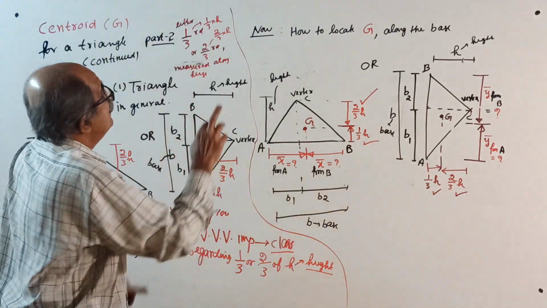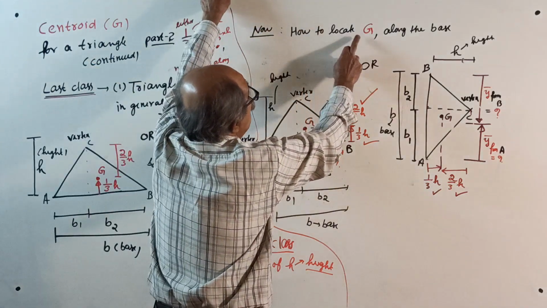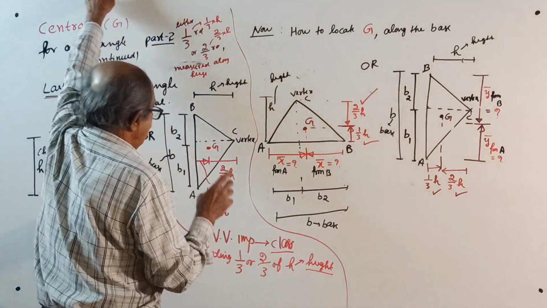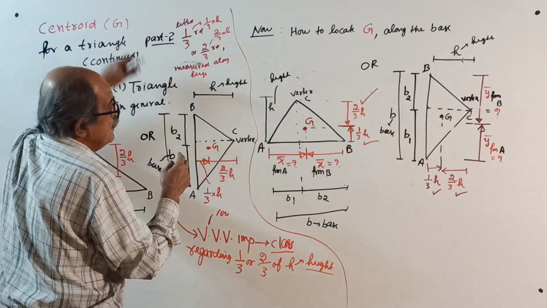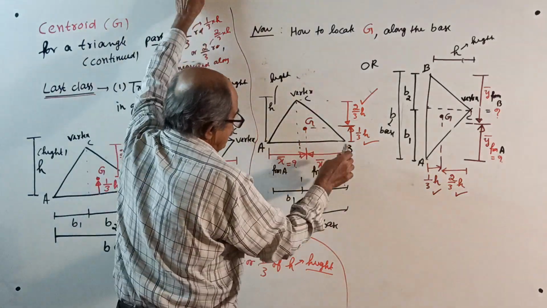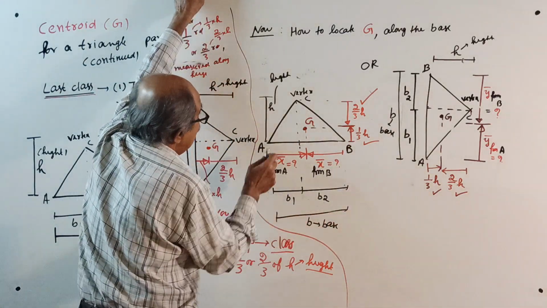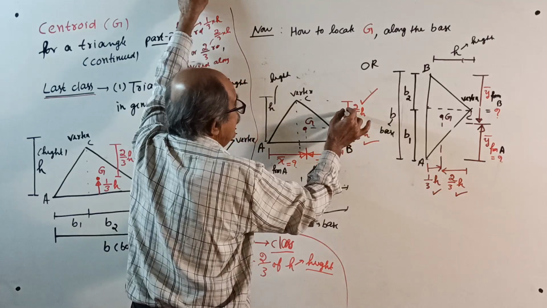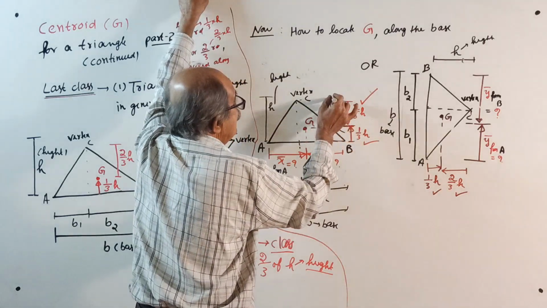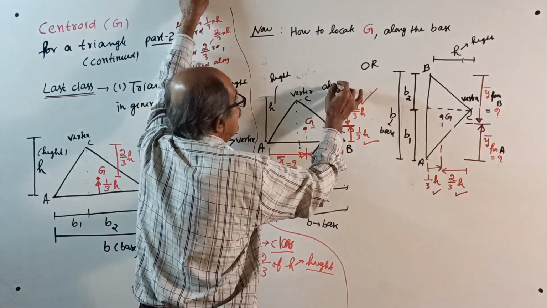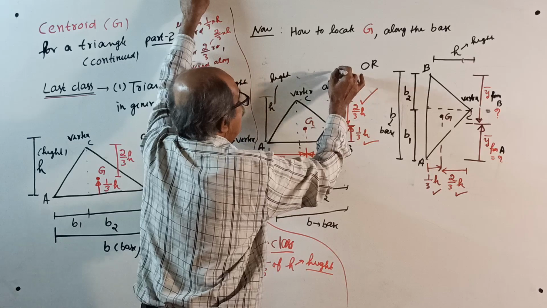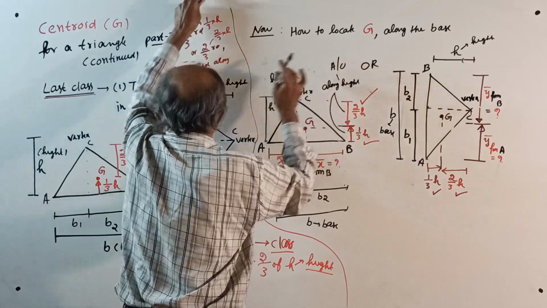Okay, leave it now. Now, how to locate centroid G along the base? See, I once again wrote here. This is the base, this is the height. These two are along the height. Already over.